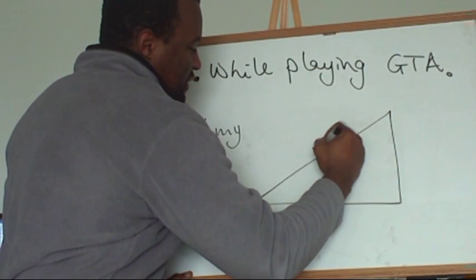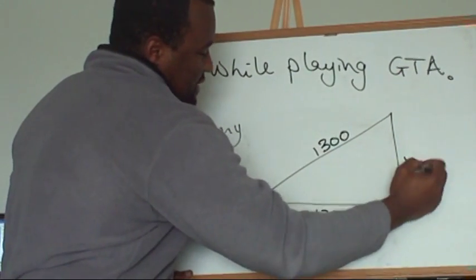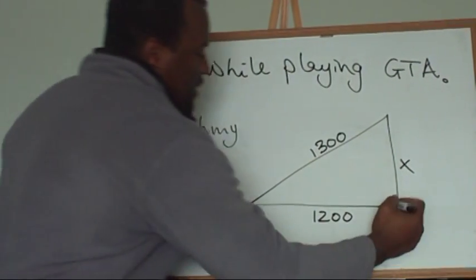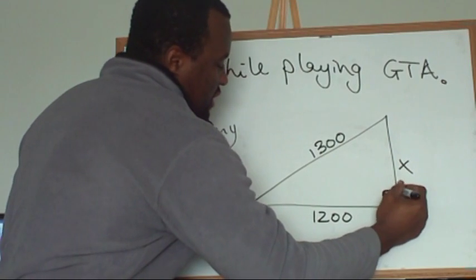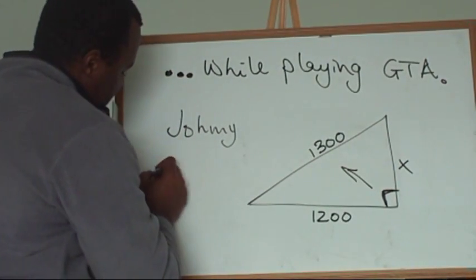This was 1,300 feet, and this is 1,200 feet. Basically, you use good old Pythagoras theorem. The hypotenuse is c squared.